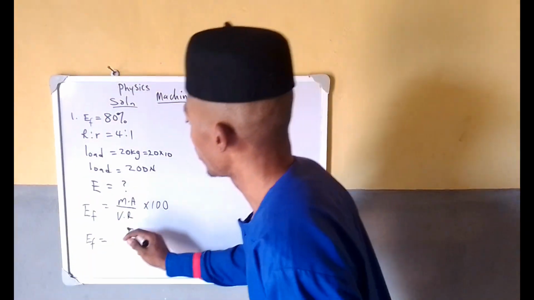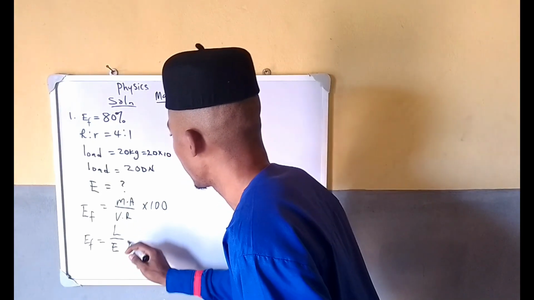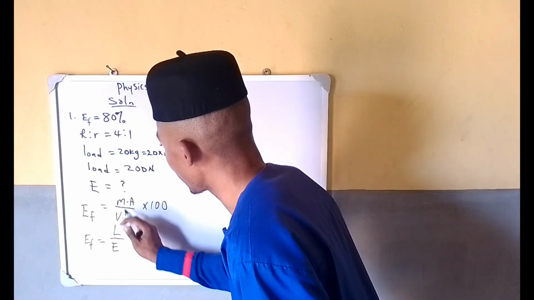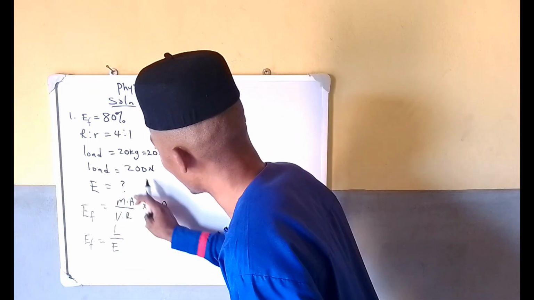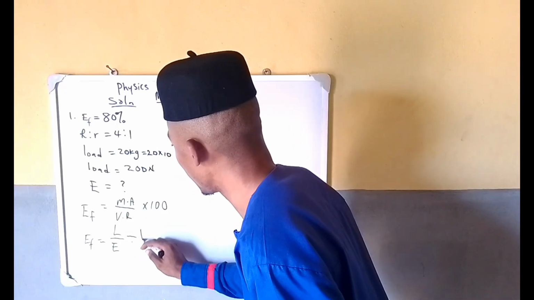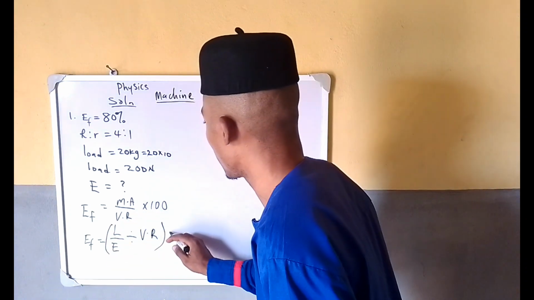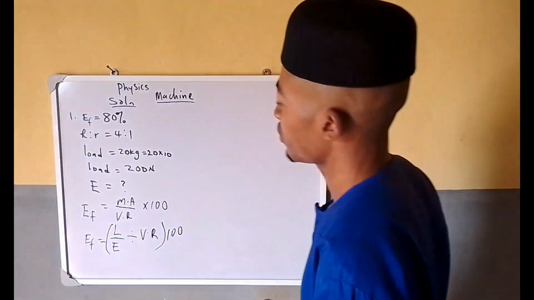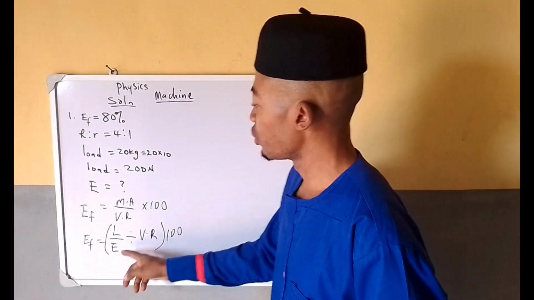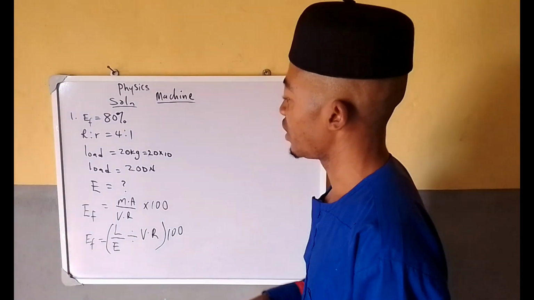So I'm going to write it as L divided by E. Then this L over E represents mechanical advantage, divided by the velocity ratio VR, multiplied by 100. So this is the formula that I'm going to use so that I'll be able to find my E. Look at the one I'm looking for. I'm looking for E. Every other parameter is given.